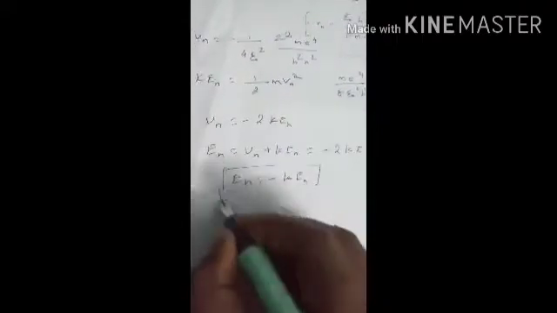So the total energy is equal to minus kinetic energy, that means minus m e power 4 Z squared divided by 8 epsilon squared h squared n squared.